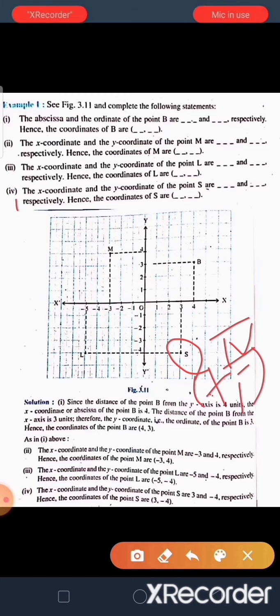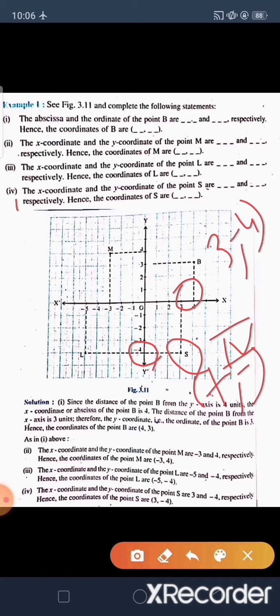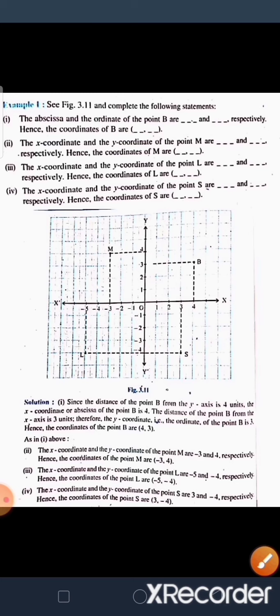So we write the x coordinate, also called the abscissa, and the ordinate. From the y axis, the x value of point S is 3, and from the x axis, point S on the y axis is at distance -4. So the x coordinate is 3 and the y coordinate is -4. Therefore the coordinates of our point S are 3 and -4.